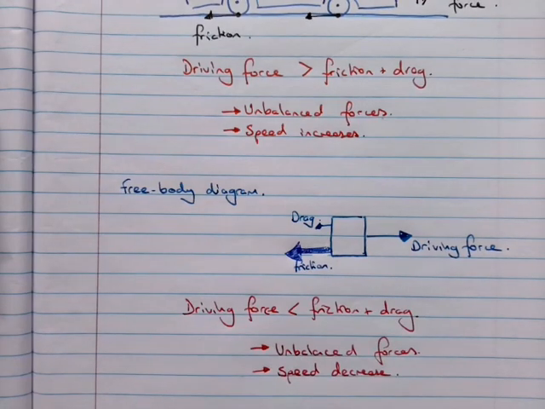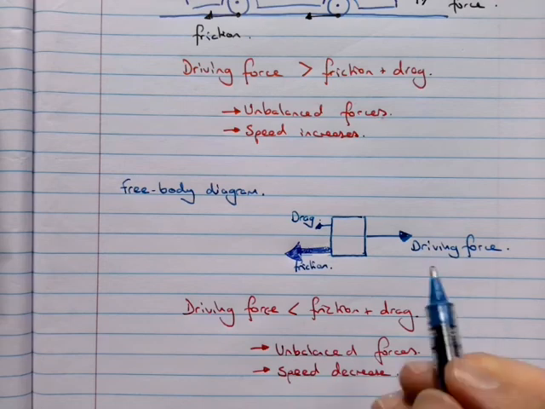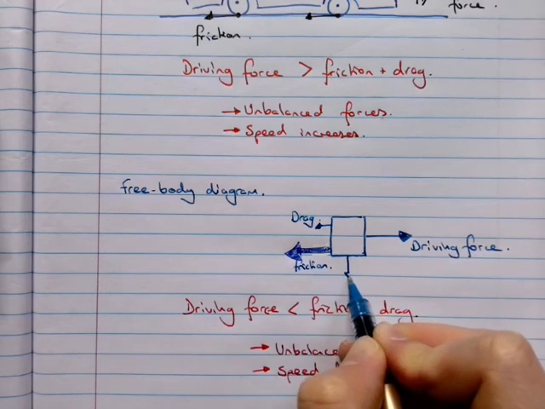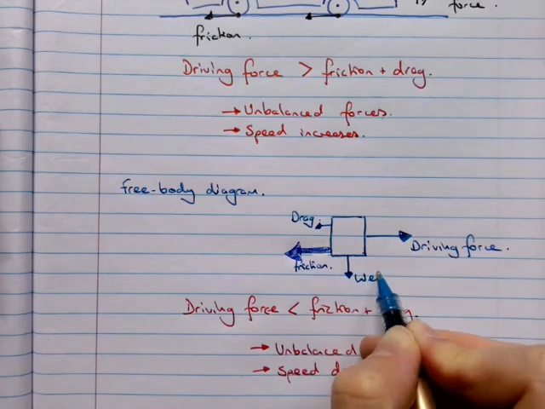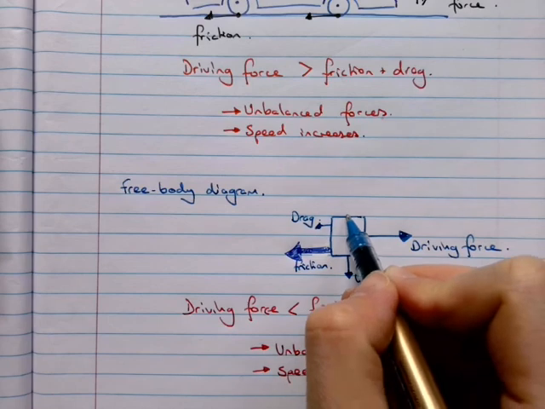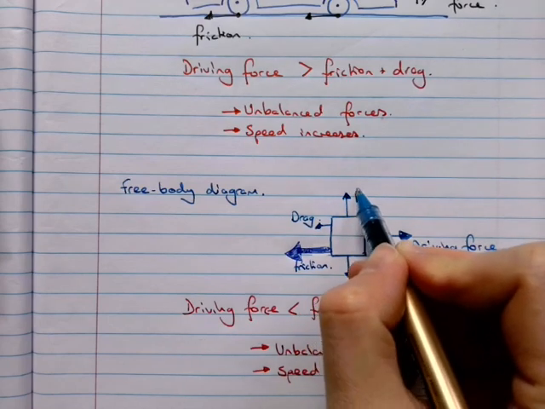Now, there is one thing missing from my free body diagram. My car isn't moving up or down, so there are some other forces that I should put on here: my weight due to gravity and the reaction force.